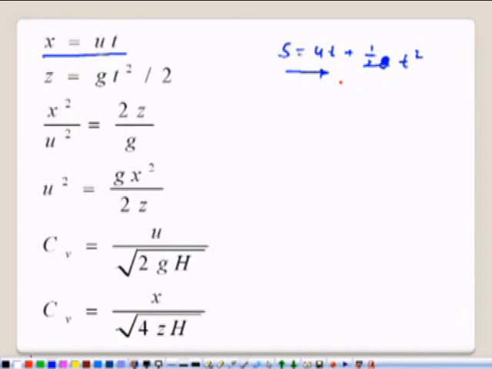Now, if we have velocity only in the x direction and we do not have any velocity component in the y direction, in that case what is the distance travelled in the y direction? The distance travelled in the y direction will be z is equal to gt square divided by 2, because initially the velocity in the y direction is 0, right.